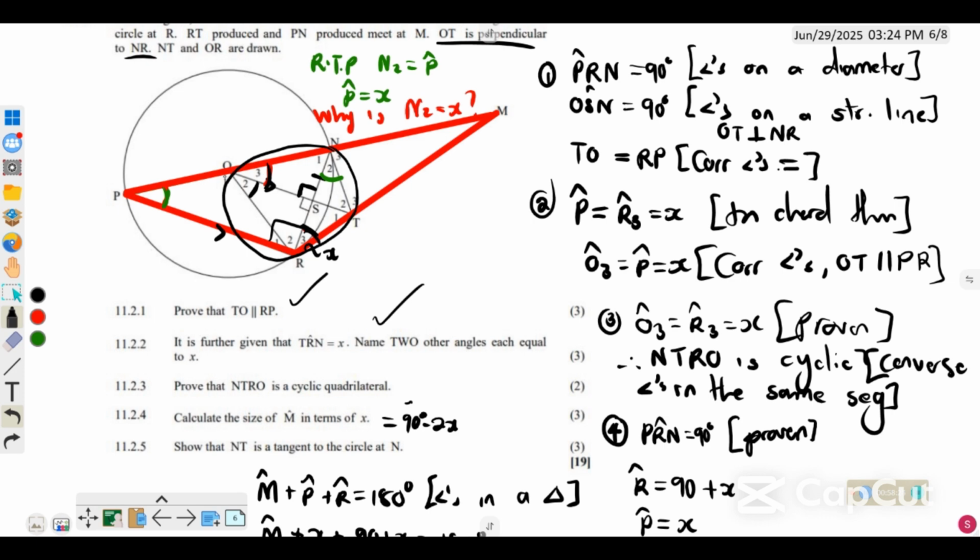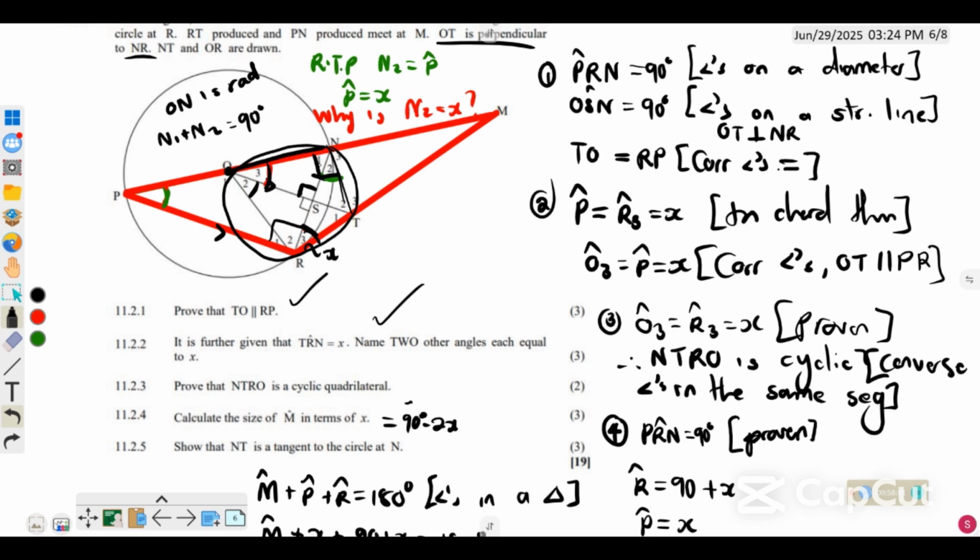Since we have this line right here, ON is a radius, and they want us to prove that this is a tangent. Another option would be if we can prove that the angle N1 when added to N2 gives us 90 degrees. Remember, a tangent will always meet a radius at 90 degrees. That's one of the options.